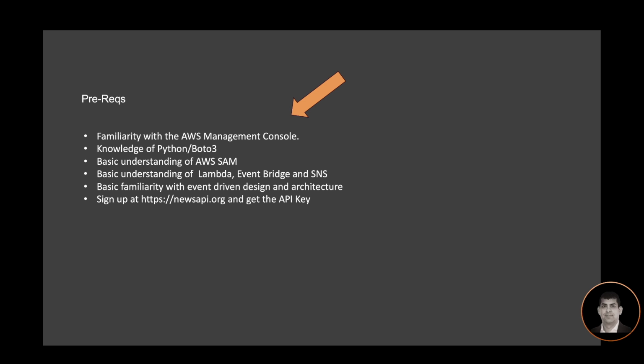You also need a general understanding of event-driven design and architecture, because this is all event-based architecture where the EventBridge scheduler is triggering, and then the other aspects of the design. And since I'm using the public news API, you need to sign up and get your API key for the news API if you want to create a similar solution.